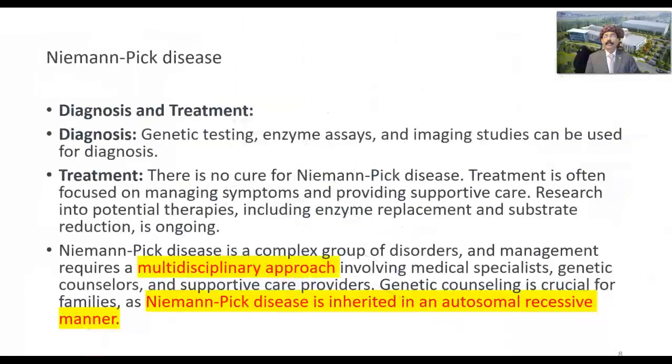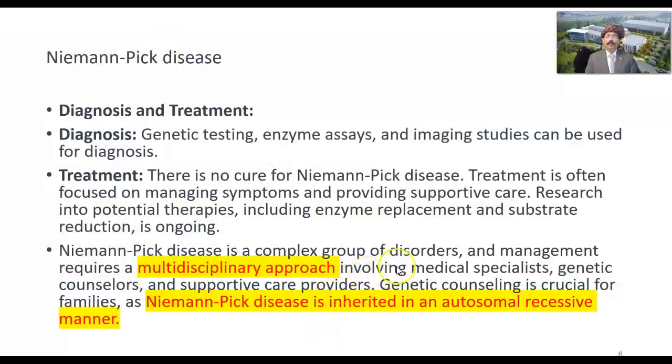Diagnosis and treatment. Diagnosis: genetic testing, enzyme assays, and imaging studies can be used for diagnosis. Treatment: there is no cure for Niemann-Pick disease. Treatment is often focused on managing symptoms and providing supportive care. Research into potential therapies, including enzyme replacement and substrate reduction, is ongoing, but it is not established yet.